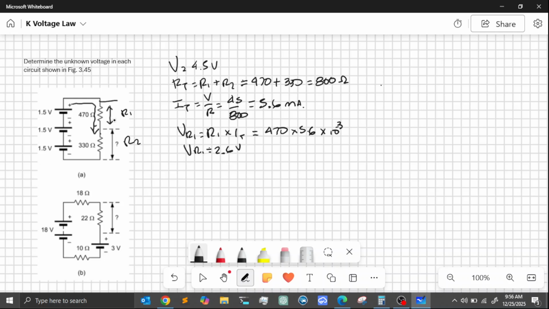And so we arrive now at the Kirchhoff voltage law that says that the algebraic sum of all the drops of voltage is equal to 0. So we have 3 positive. I put it over here.